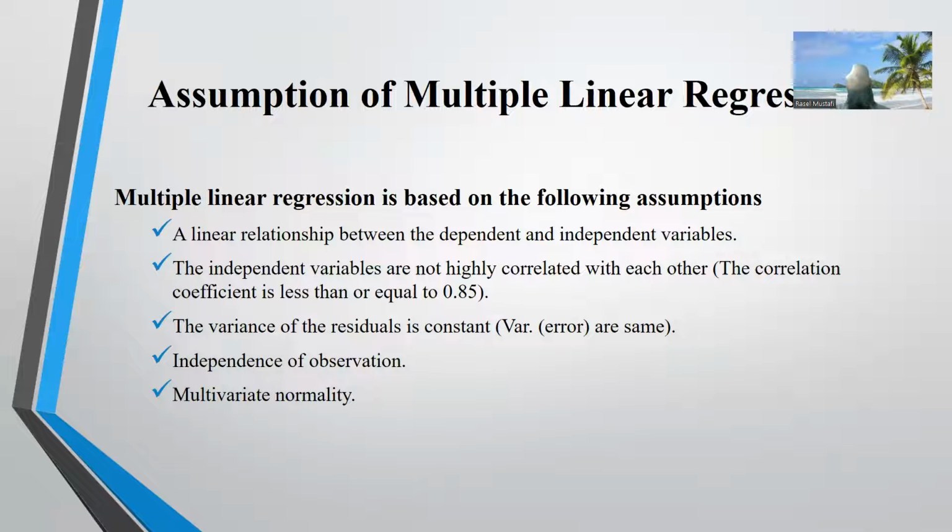That means the correlation between those independent variables is not greater than or equal to 0.85. If the correlation between the selected independent variables is higher than 0.90, common method bias arises. So you have to think about it.